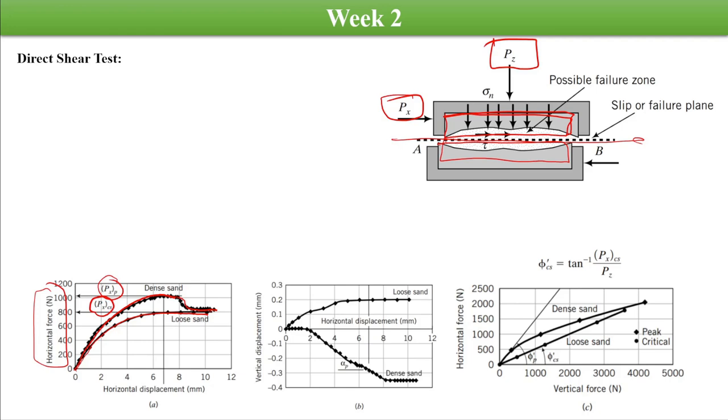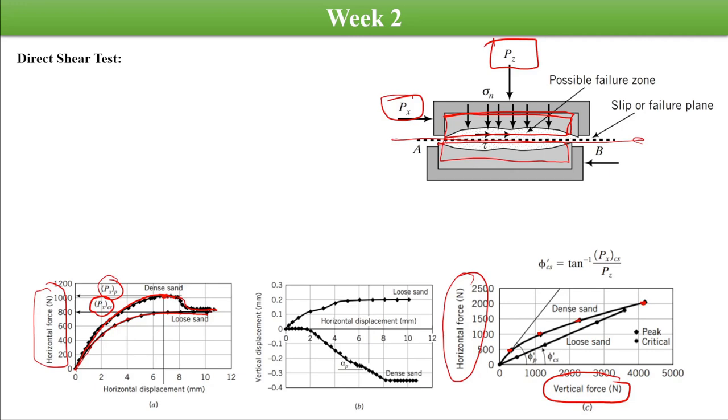And if we plot these, taking y-axis as the horizontal force or the shear force and x-axis as the vertical force or the normal force, we'll obtain that these points are for the peak stress.